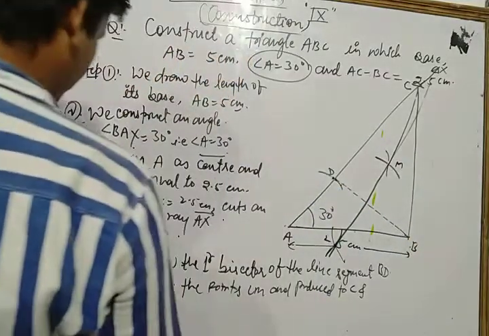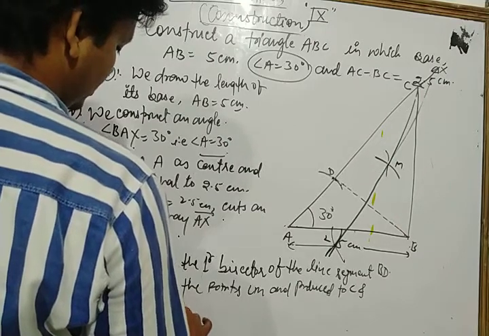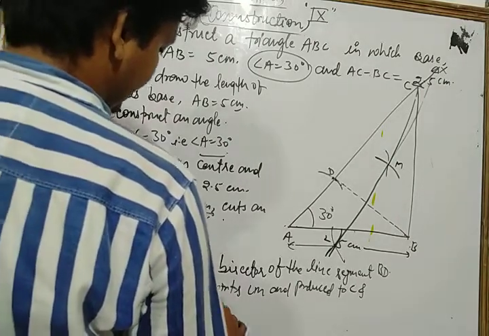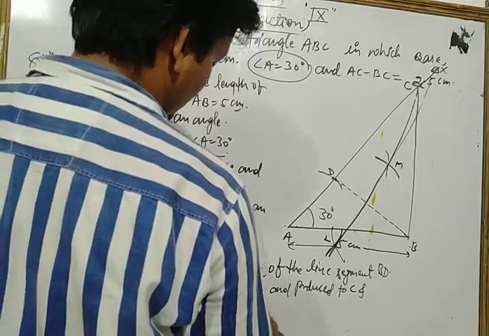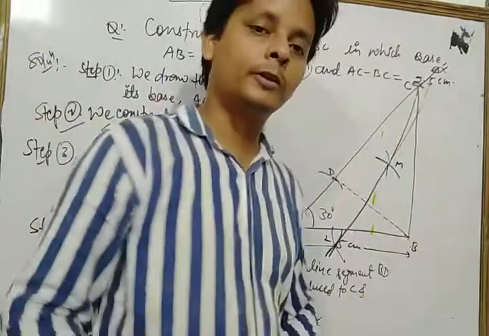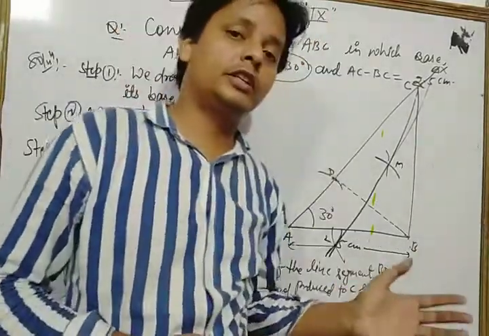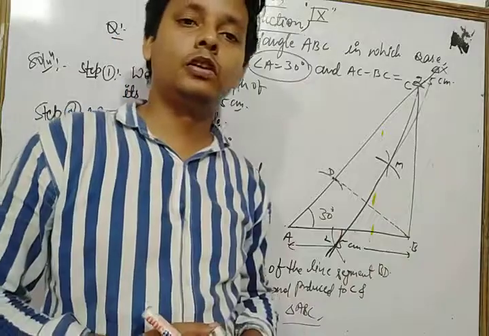After that, last step 7, join BC. Hence the required triangle ABC is formed. So this is the whole process to solve this type of questions.